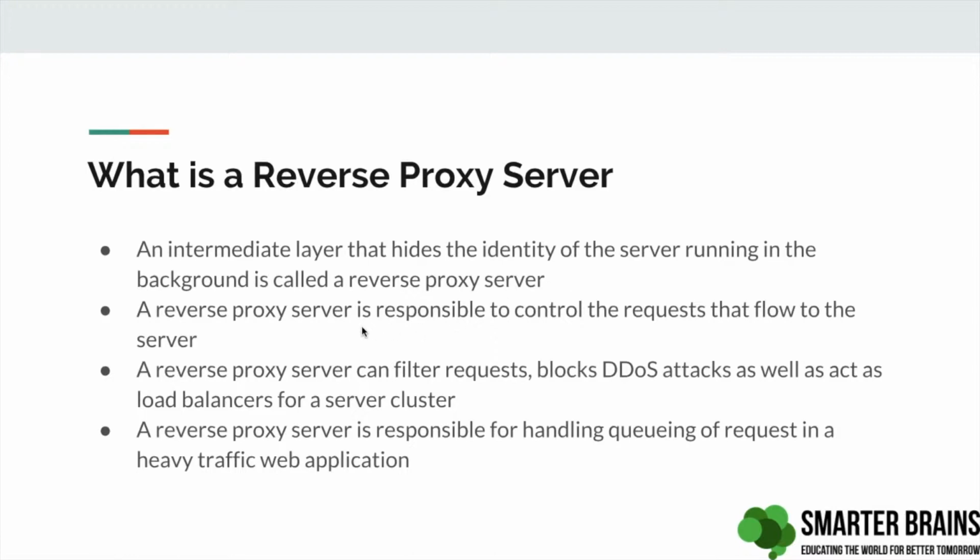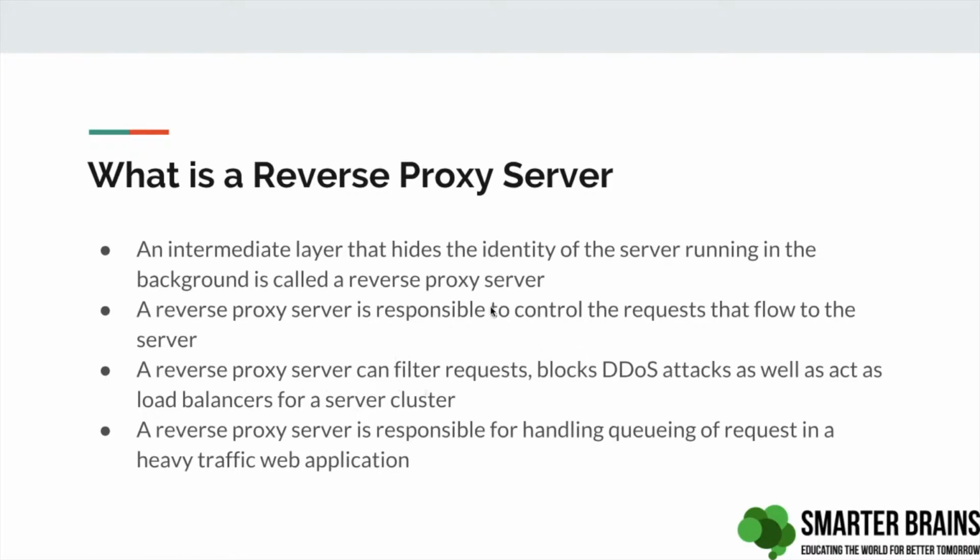A reverse proxy server is responsible for a lot of things. You might have heard of Nginx, Apache HTTP, and several other reverse proxy servers, which do a lot of jobs rather than just serving requests. A reverse proxy server controls the number of requests sent to a server.